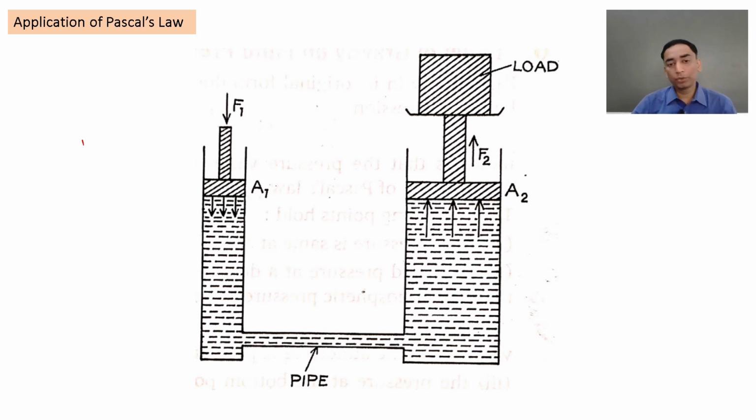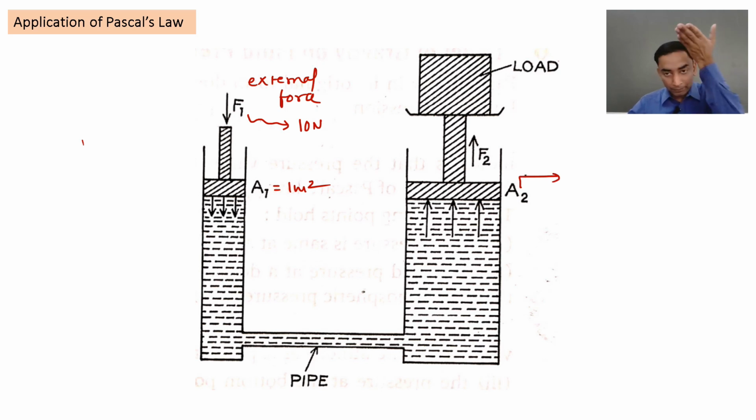What we are going to do is apply the external force on a smaller piston cylinder. Let me say that 10 Newton force is applied on an area of 1 meter square, and this area A2 is very large. Over there the load is to be lifted. Suppose this area is 1000 meters square.